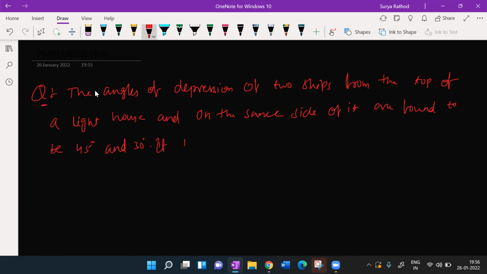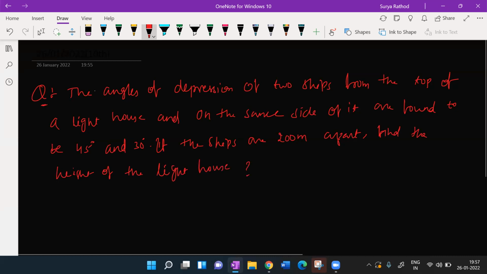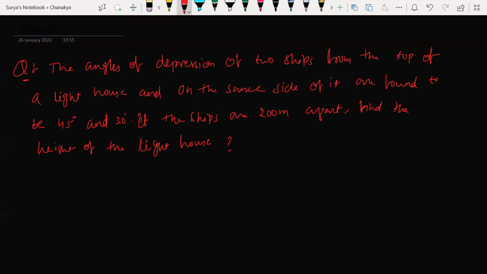If the ships are 200 meters apart, find the height of the lighthouse. Make it fast.